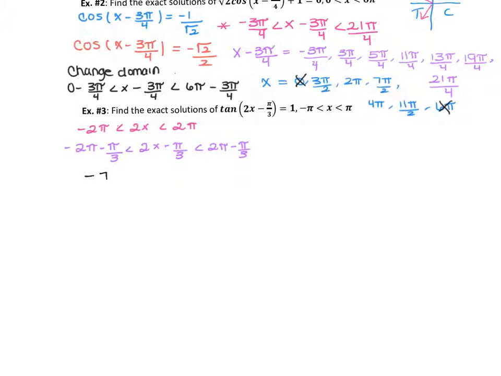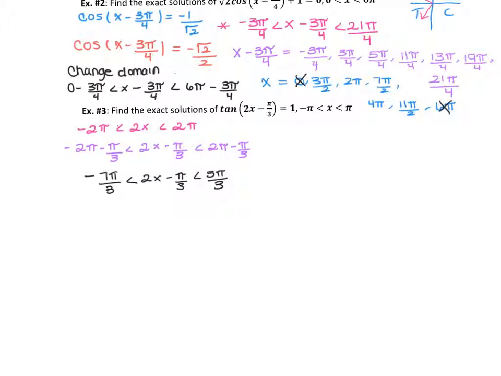So this becomes negative 7 pi over 3 is less than 2x minus pi over 3 is less than 5 pi over 3.